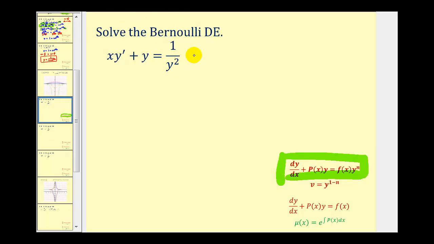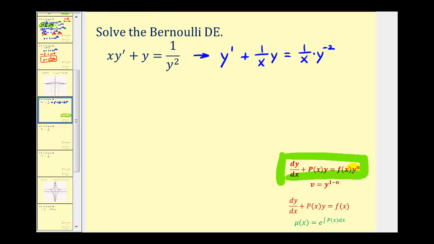So this would actually be y prime plus, I'm going to write this as 1 over x times y to make it fit the form we're looking at here, equals, I'll write 1 over x times y to the power of negative 2. Notice in this form, it fits perfectly with the form here in red.